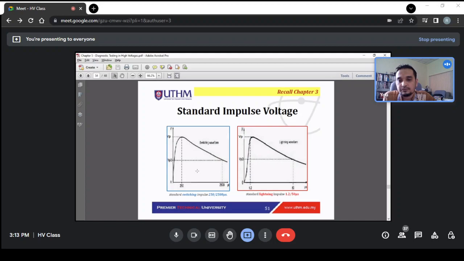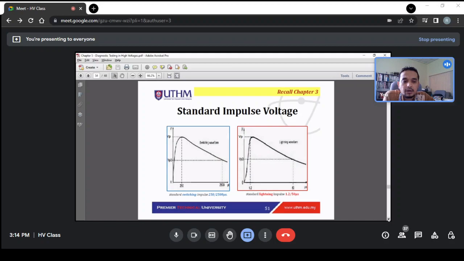SFO is slow front time, and FFO is fast front time. The difference is also in the decay time: it is 2500 microseconds for switching, while for the lightning it is 50 microseconds.